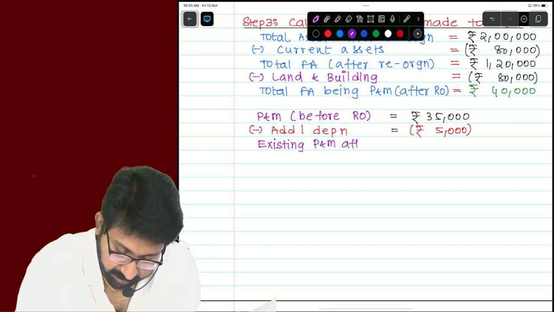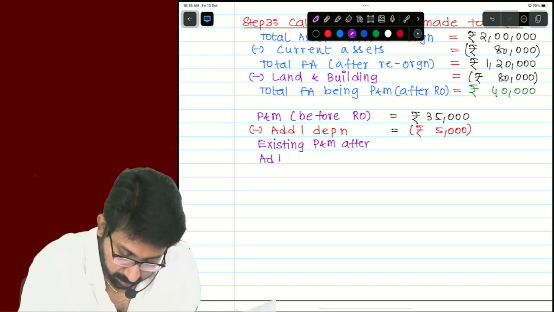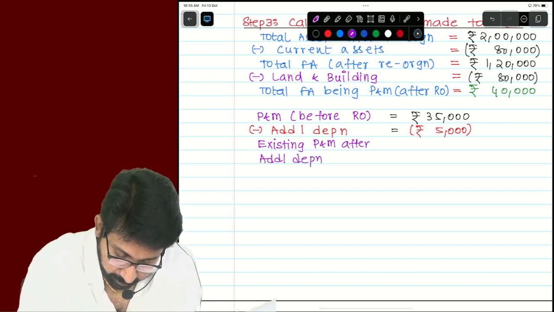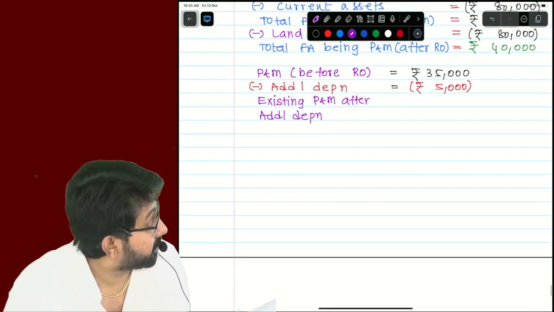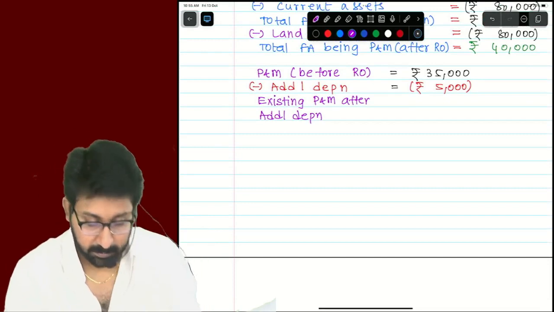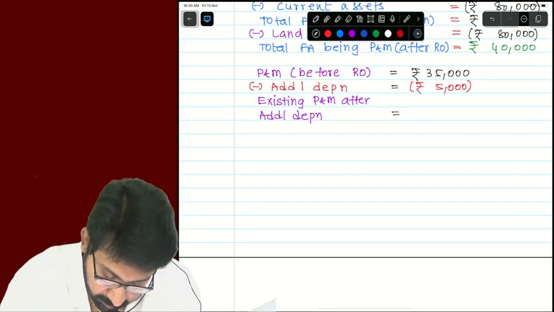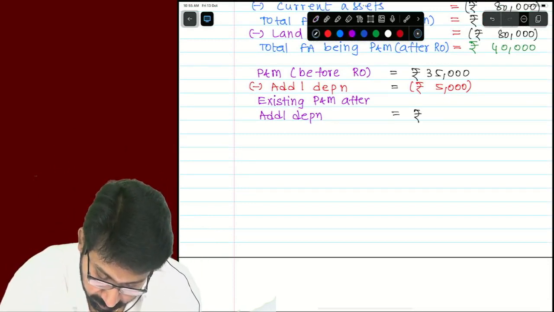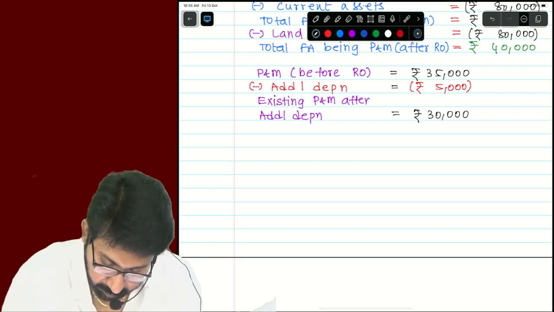Existing plant and machinery after additional depreciation, Rupees 30,000.